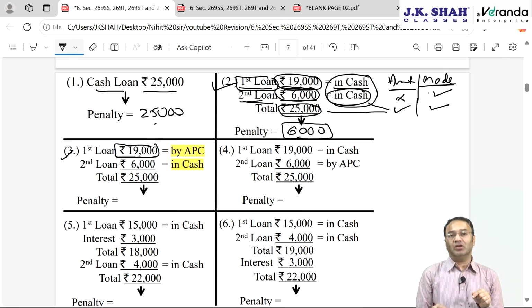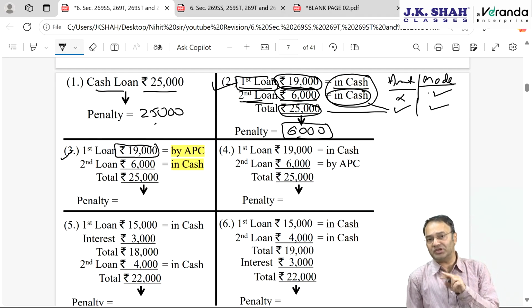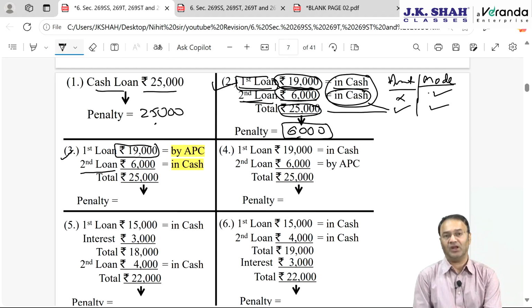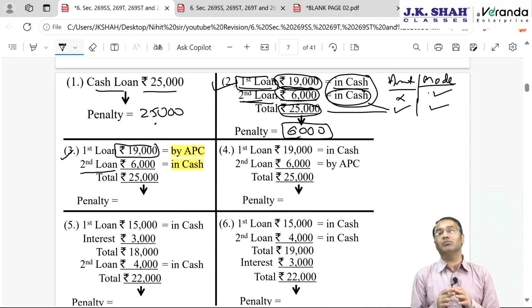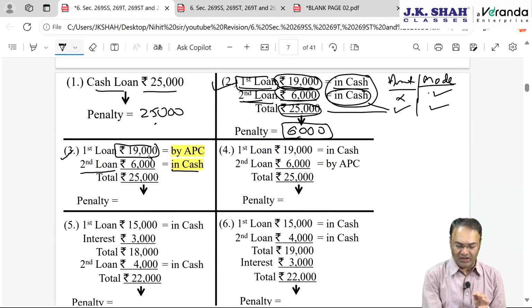At that time, the amount is less than 20 and the mode of acceptance is not cash, etc. None of the conditions are satisfied, so no penalty at the time of the first loan. But at the time of accepting the second loan of 6,000, the amount condition is satisfied and the mode of acceptance condition is also satisfied. The second loan is in cash and the total amount is 25,000. Therefore, penalty will be levied.